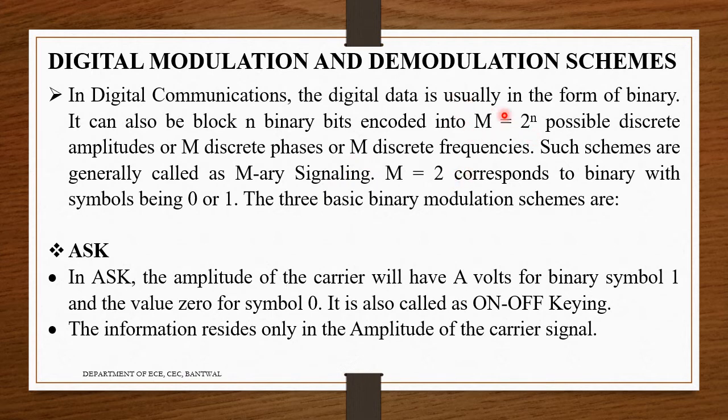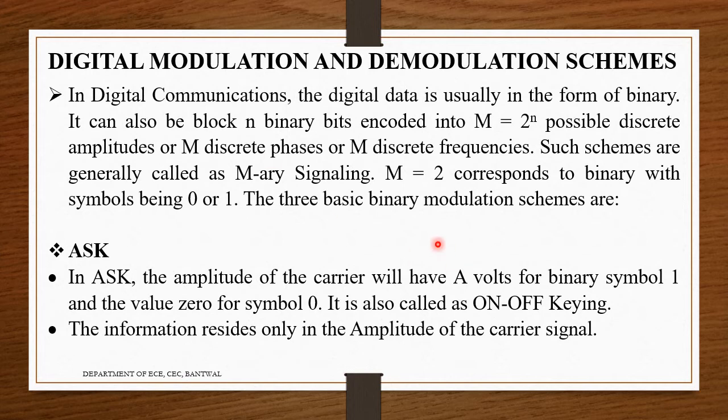So whatever the M, we can write 2 to the power of 0, 2 to the power of 1, 2 to the power of 2. Usually what we are using here is 2 to the power of 1, so M equals 2, and this model is called M-ary signaling. It corresponds to binary with a symbol 0 or 1, because M is either 0 or 1.